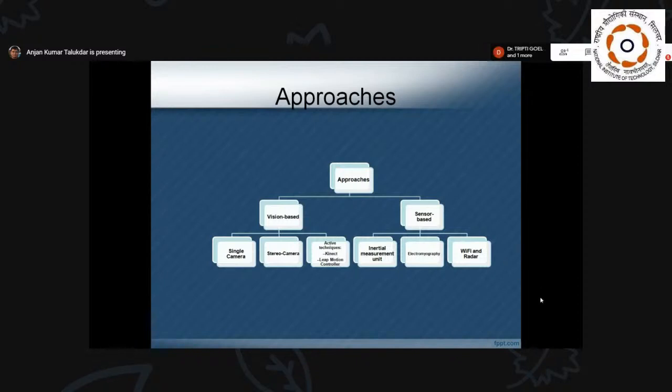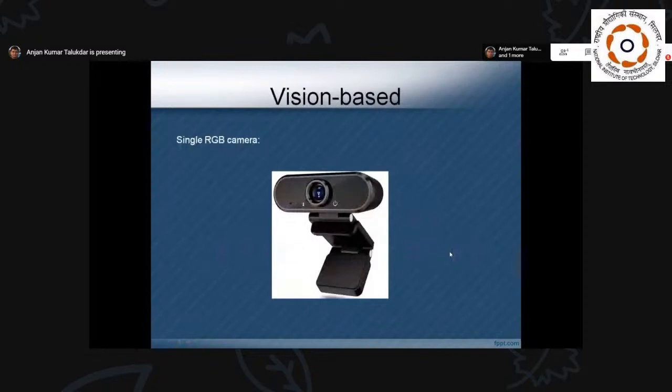Basically, in sensor based, I will discuss this. In case of vision based, we can use a single RGB web camera like this, but we should not use a camera with very high resolution. We should use a camera with medium resolution, because if your resolution is very high, the image size will be more, and the processing algorithms will take much time to process your images.